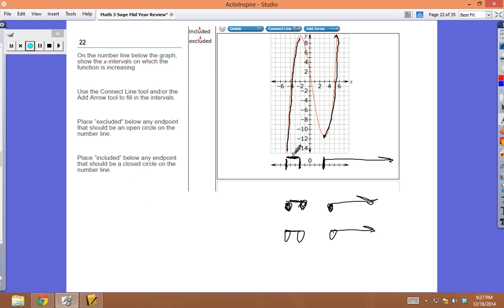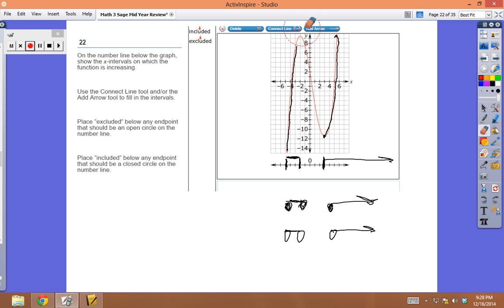So on your number line, okay, is it increasing on this number? And is it increasing right there? It stops increasing. So this one should be circled and empty.